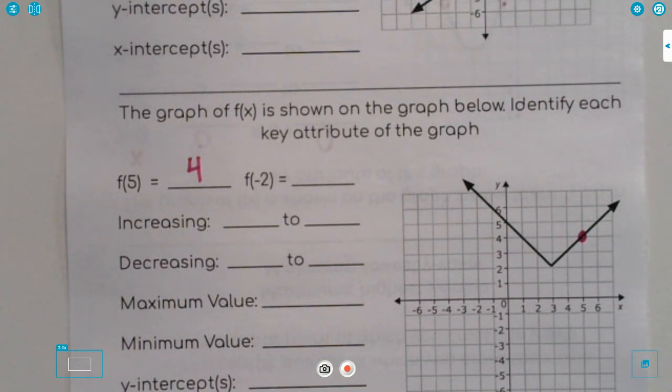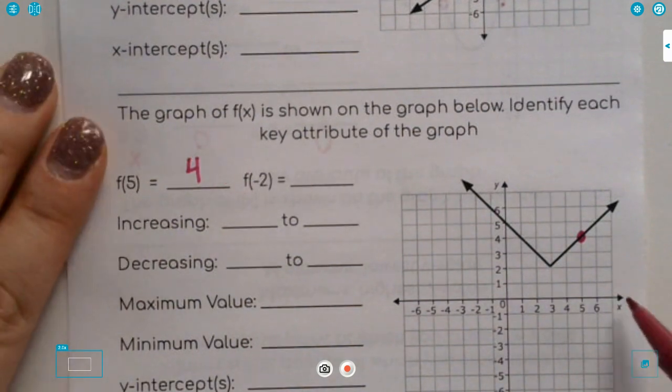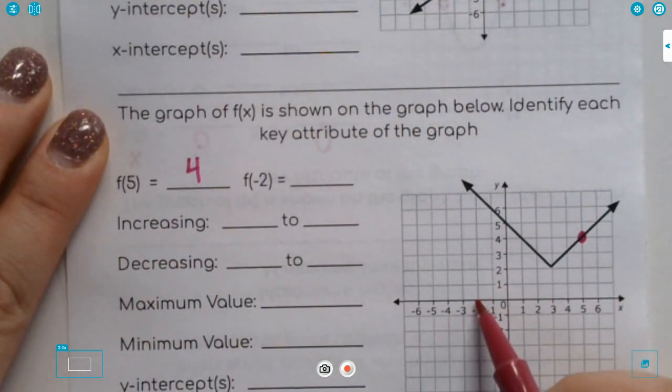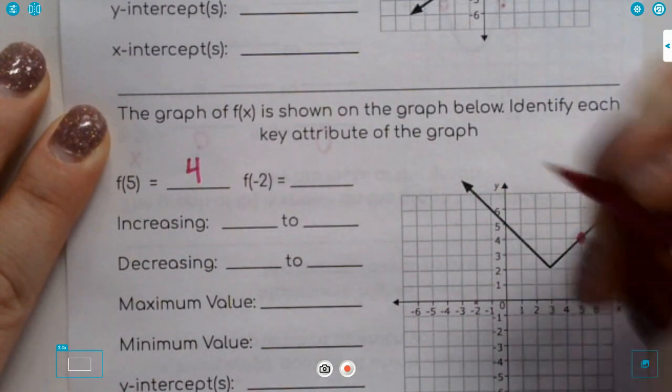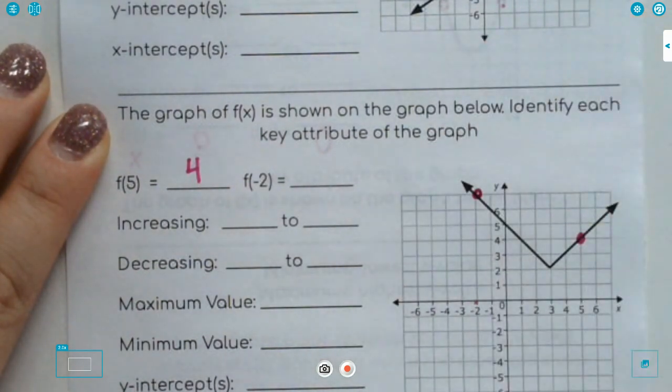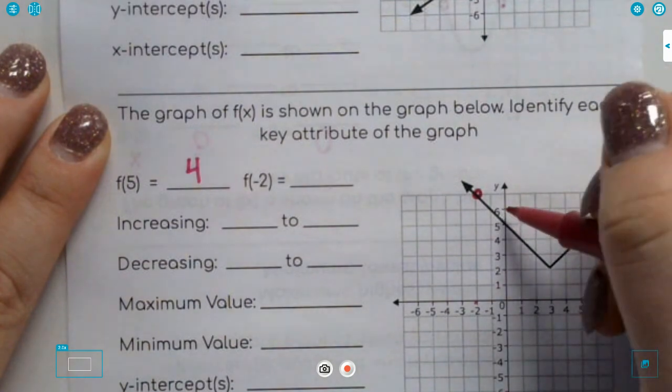And then the next one, f of -2. F of -2, we go on our x-axis to -2. We go all the way up to our graph. It's at the way top. It stops numbering it, but that's 7.